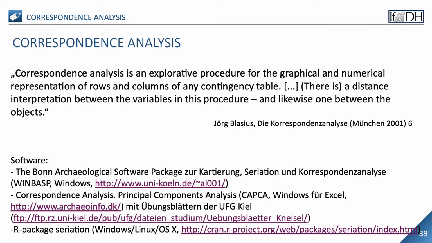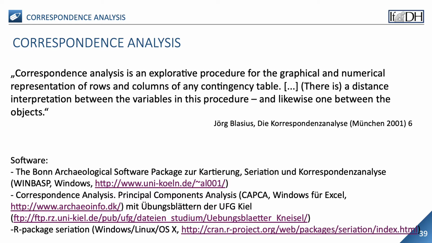In summary, we can say with Jörg Blasius, correspondence analysis is an explorative procedure for the graphical and numerical representation of rows and columns of any contingency table. There is a distance interpretation between the variables in this procedure and likewise one between the objects.